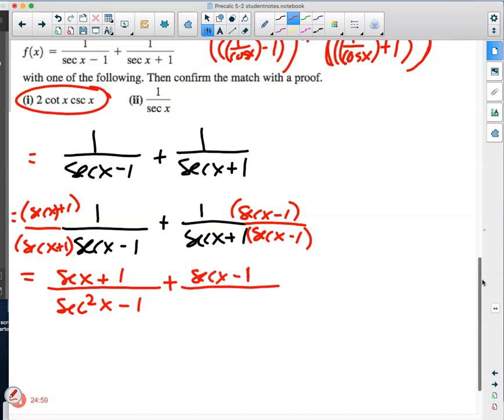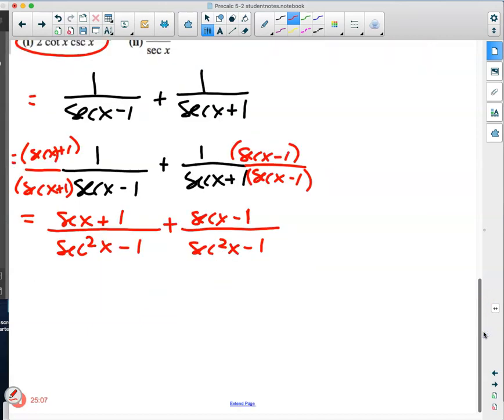Normally, we would leave it separated until the end to see if we could cancel anything. All right, well, they have the same denominator, so we can go ahead and do that addition. Forgot my little C here. And we see the plus 1 and the minus 1 are gone.